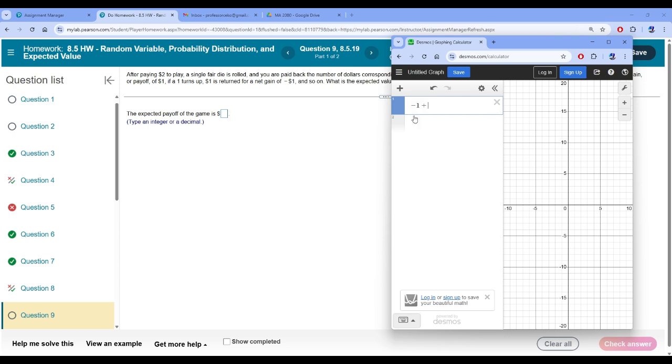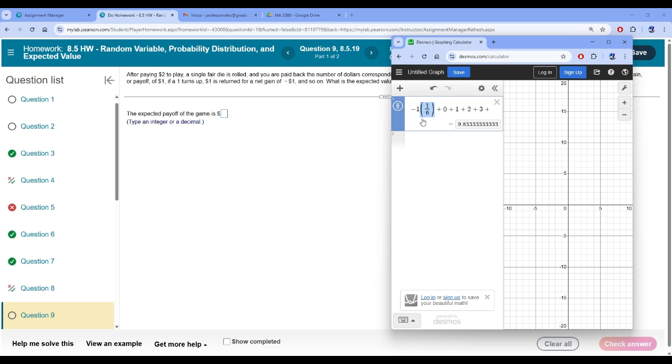It's negative 1 plus 0 plus 1 plus 2 plus 3 plus 4, and then this is going to be 1/6. Right?